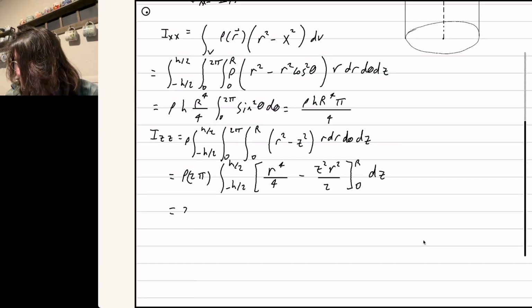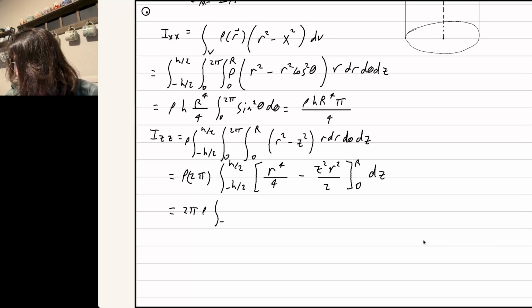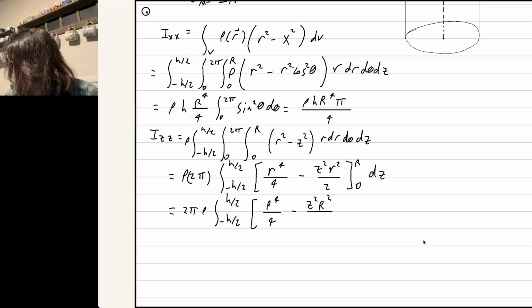Okay. I don't know why I didn't just plug in the integration bounds. R fourth over 4 minus z squared r squared over 2 dz.